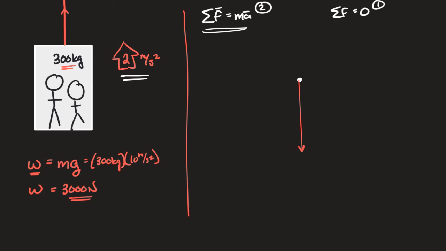Now, here's the important thing. When I draw that, should I draw it this big? Would that be the appropriate size? No, this shows an unbalance, but it shows an unbalance downwards. If this were the case, the elevator would be accelerating downwards. Should I draw it the same size? No, because that would suggest that they're the same.